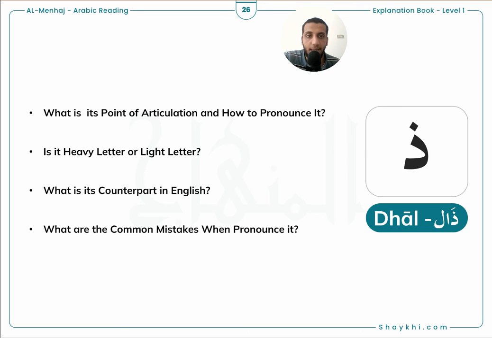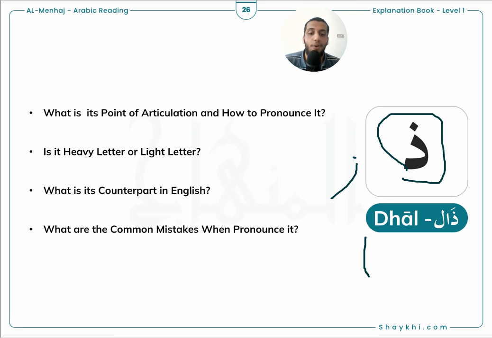We didn't discuss this letter yet, we'll discuss it in the next episode, but its sound is like the sound of letter Z in English. Z, not th. As you noticed, they are so similar. Some people pronounce letter Dhāl as letter Zay.